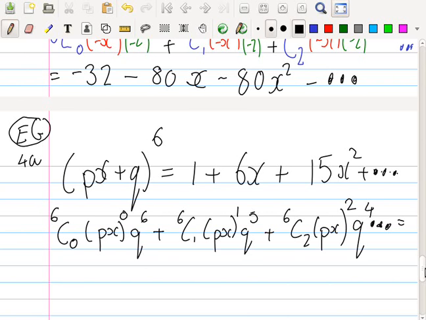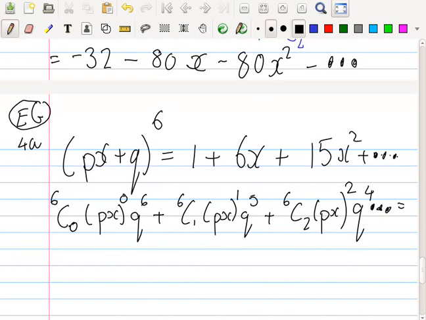Okay. 6C0 is 1. (px)^0 is 1. So here is just q^6. 6C1 is 6. p^1 is p. And q^5 is q^5. So that would just be 6pq^5 x. Now calculator, please.